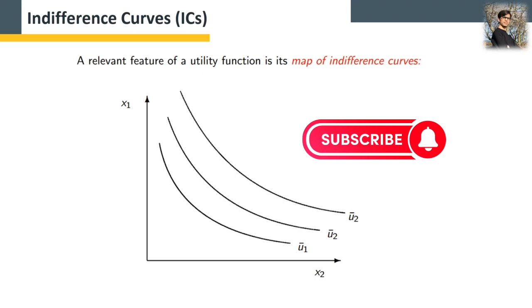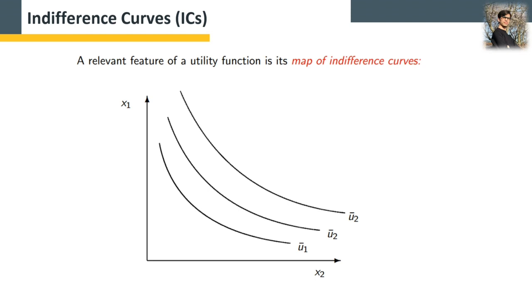Or another way we can say that an indifference curve is the different combination of goods and services or commodities that provide exactly the same level of utility. It means every point on the indifference curve provides exactly the same amount of utility.